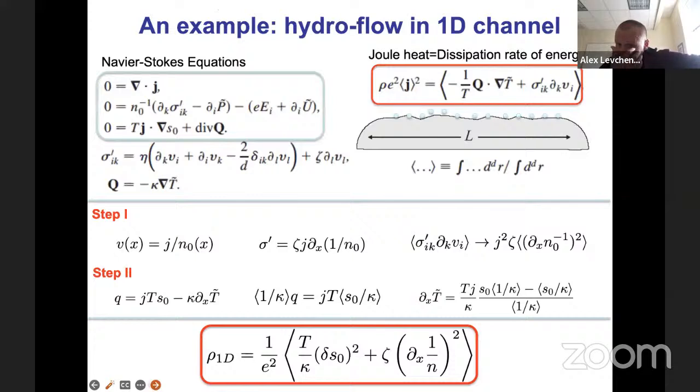I will do that first by giving you an example from 1D physics. It's just much easier to give you this convincing argument, but this can be generalized to 2D, and I will continue to elaborate on this in the next slides. So imagine that we consider a flow of strongly interacting electrons in a 1D channel.